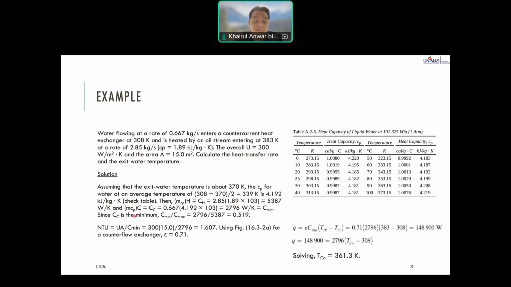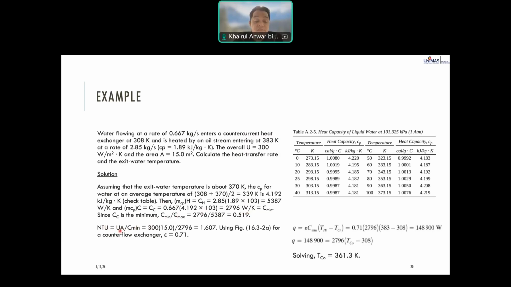Next is to calculate MCP for the cold fluid. Since CC is the lowest value compared to CH, automatically CC is equal to Cmin. Since CC is minimum, Cmin over Cmax is 0.519.